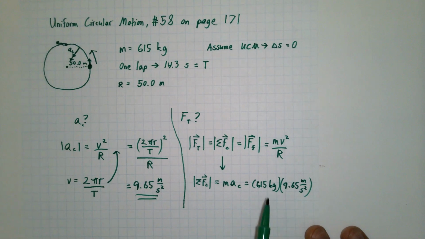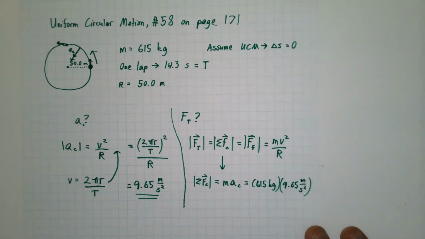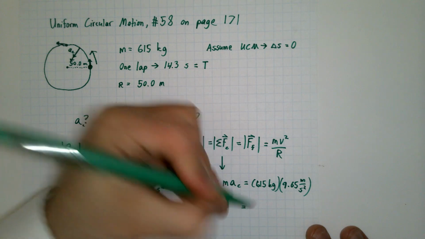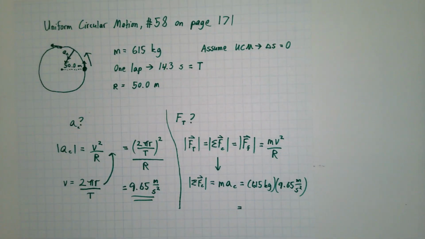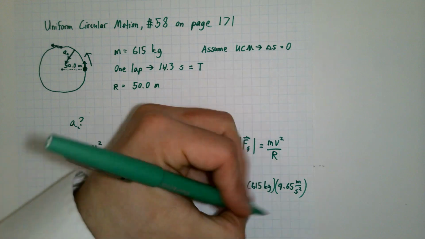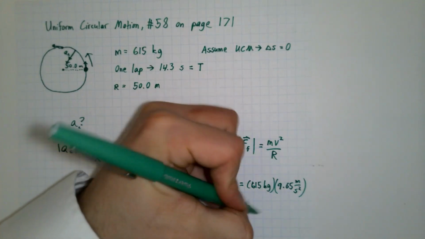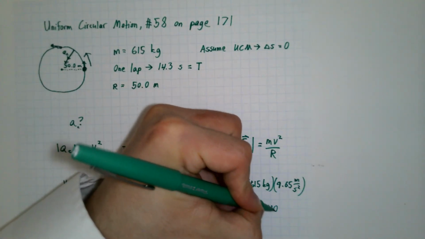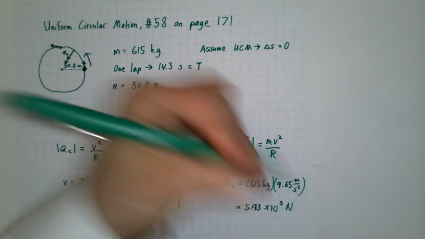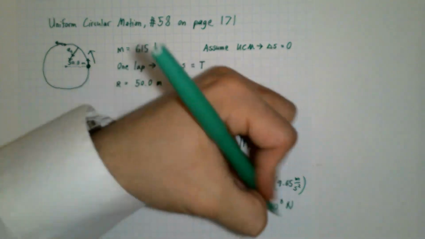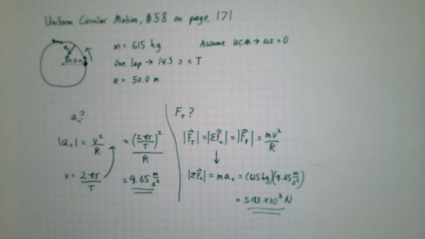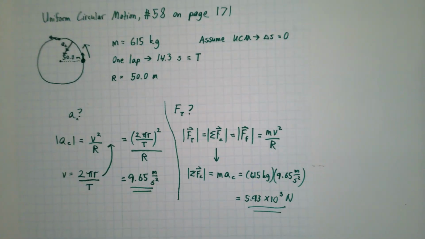Newton's second law tells us that if we multiply mass times acceleration, we should get the net force that's causing that acceleration. 615 times 9.65 with the appropriate significant figures is 5.93 times 10 to the third newtons. There is the force that's generating this centripetal motion.